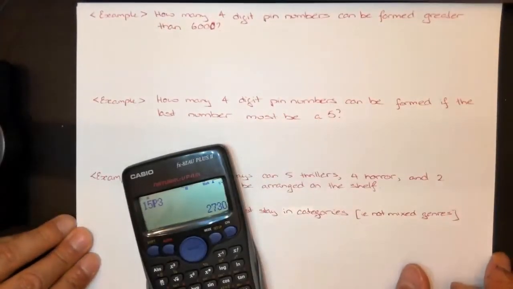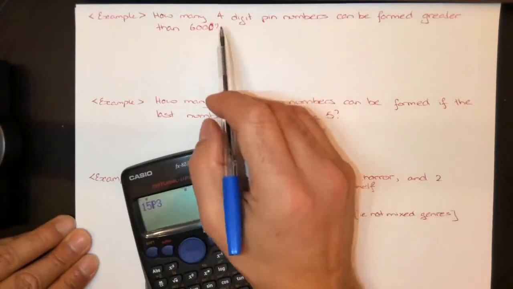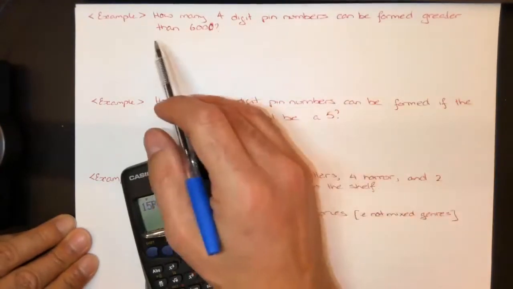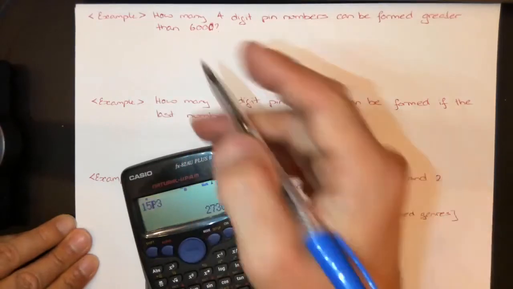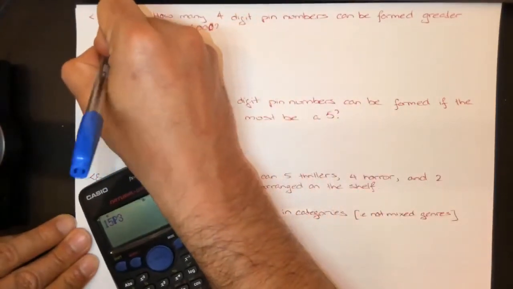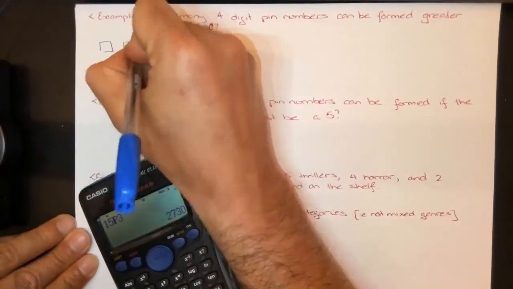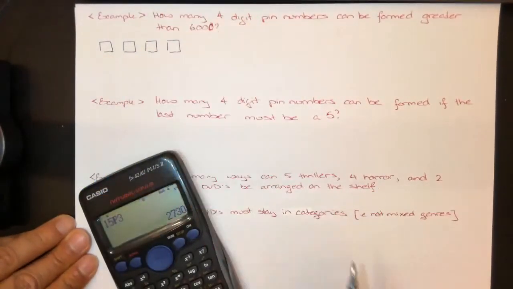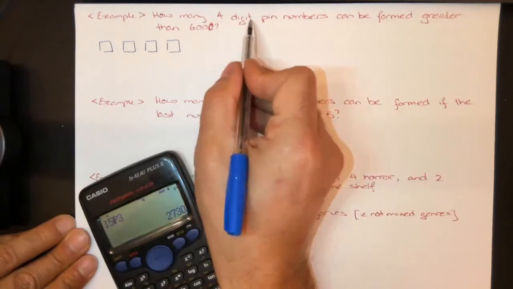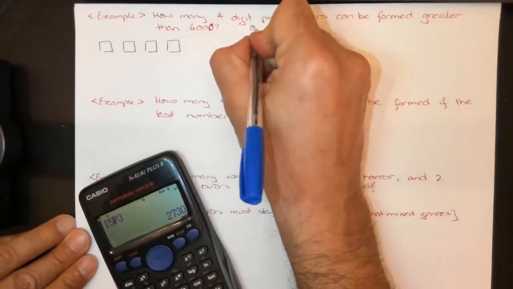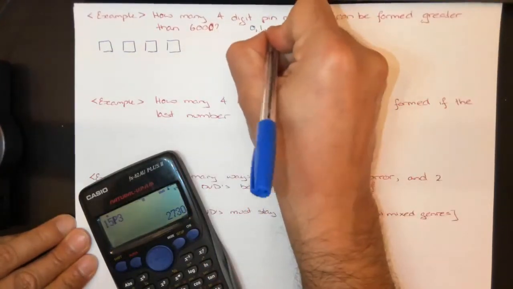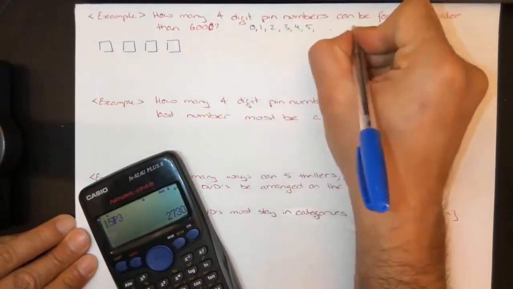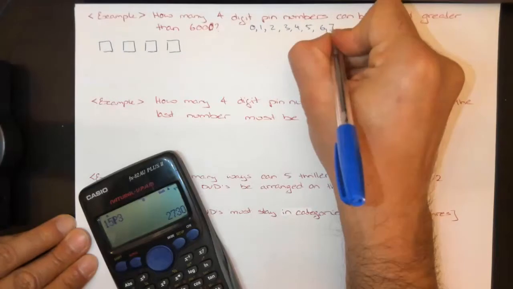Looking at the second example, how many 4-digit PIN numbers can be formed greater than 6,000? Okay, so we have 4 numbers. The digits go from 0 all the way to 9, so 0, 1, 2, 3, 4, 5, 6, 7, 8, 9.